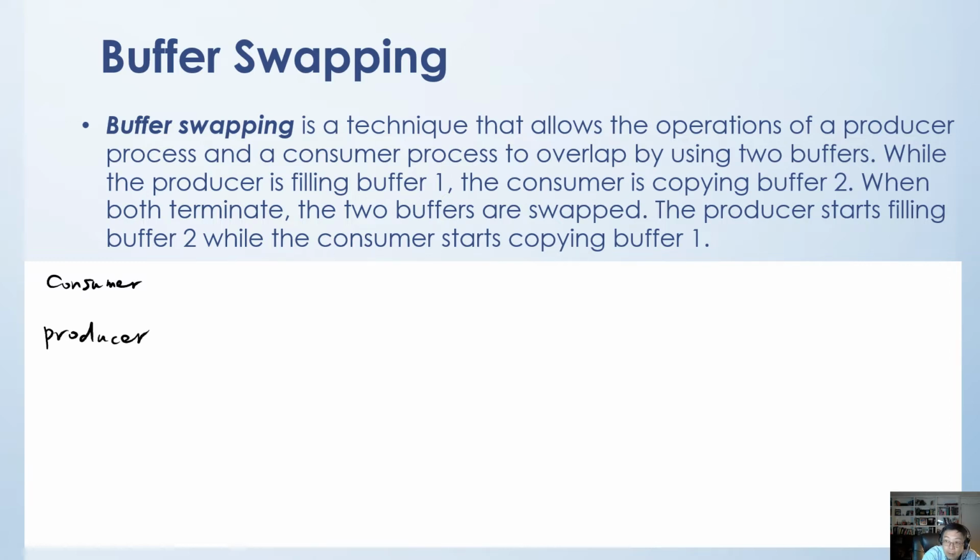If we use polling, the producer produces the item and fills the buffer. When the producer fills the buffer, the consumer will not be able to use the buffer.